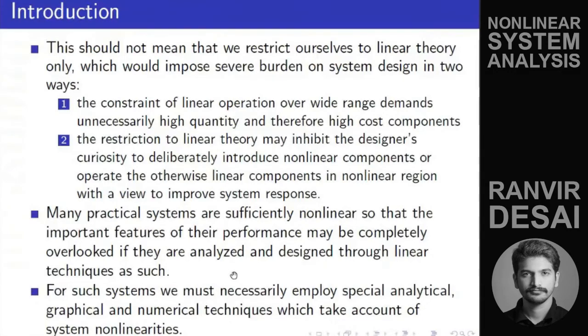So we need the modeling as accurate as possible. For such systems, we must necessarily employ special analytical, graphical, and numerical methods which take account of system non-linearities. Everything that happens in real life should be converted into mathematical expressions. Everything. There should not be a case of let's ignore something.